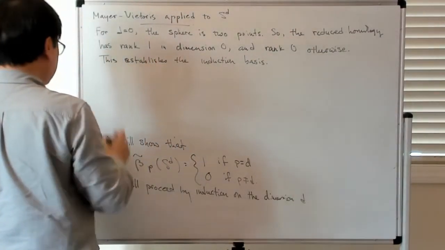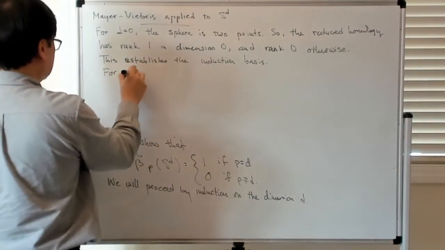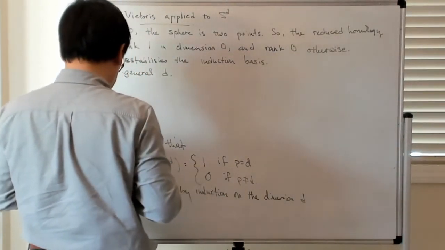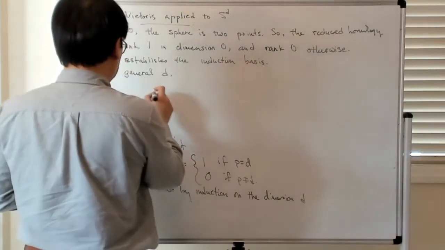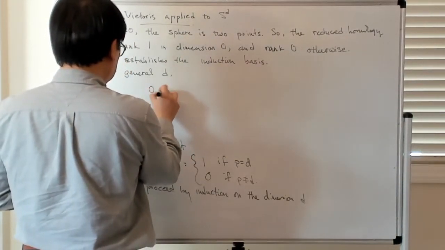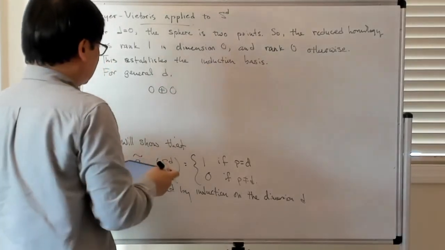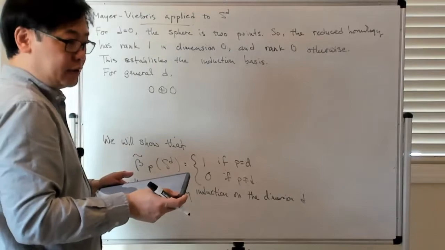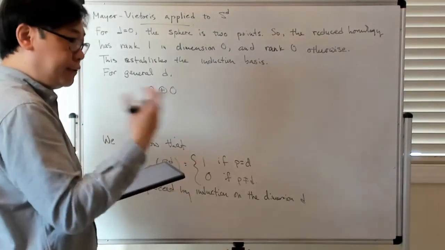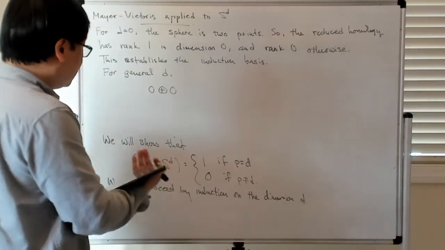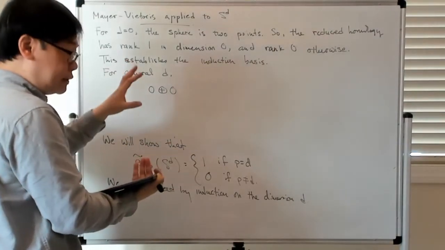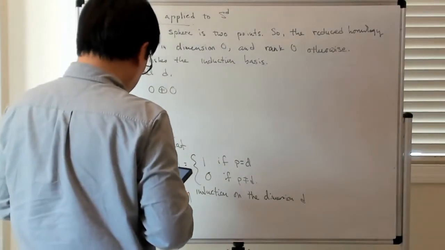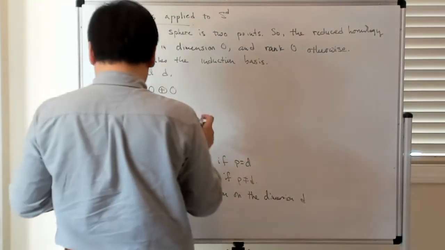So for general d, the sequence looks like the following. You get 0 direct sum 0, because part of the sequence involves the direct sums of the individual pieces, whose union is everything, but the individual pieces are balls, which have trivial reduced homology. So this part is 0.